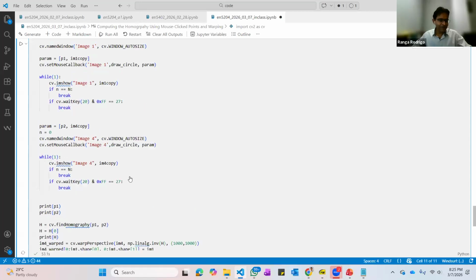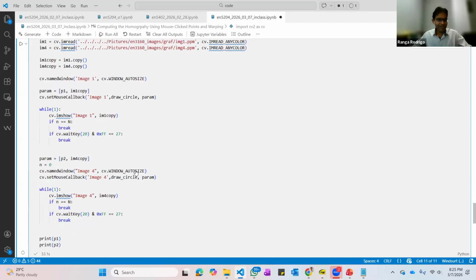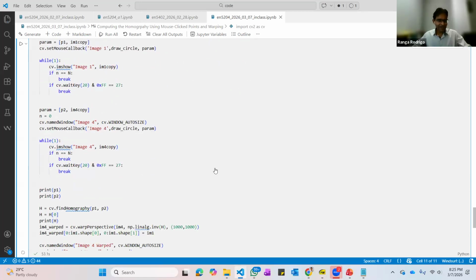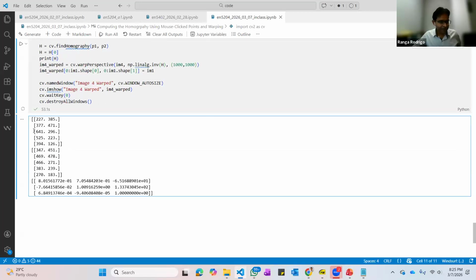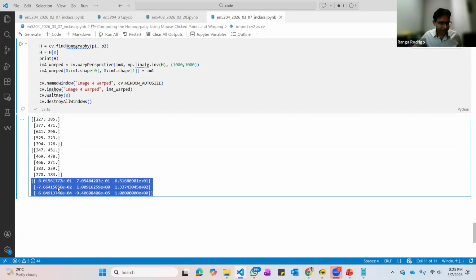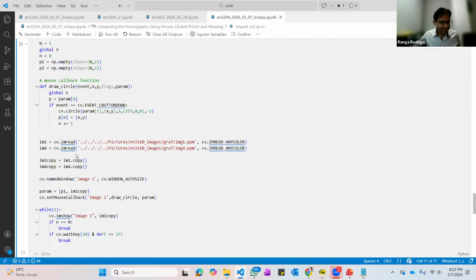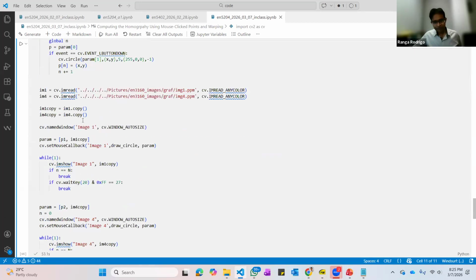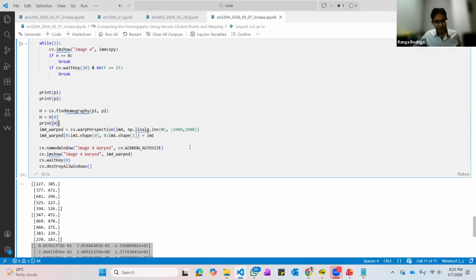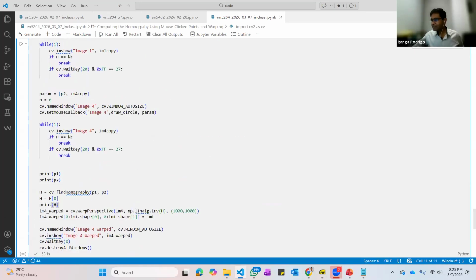So I will make this code available to you so that you can play with it. What will you do in the class? You click 5 points in the first image, 5 points in the second image, and estimate the homography. This homography that we estimated should generally be like the homography that we read from the file. So I hope that these things are clear to you. Any questions about that?